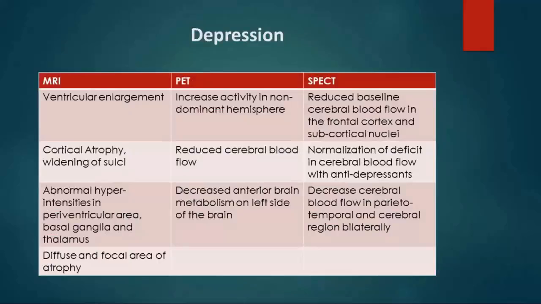With MRI, ventricular enlargement is expected, cortical atrophy is also expected, and widening of the sulci of the brain is also expected. There are also abnormal hyperintensities in the periventricular area, basal ganglia and the thalamus, and diffuse and focal areas of atrophy. SPECT will show reduced baseline cerebral blood flow in the frontal cortex and the subcortical nuclei, and decreased cerebral blood flow in the parieto-temporal and cerebellar regions bilaterally.